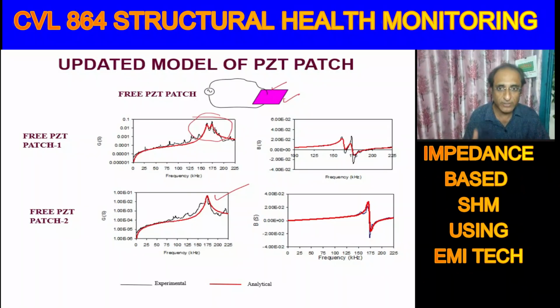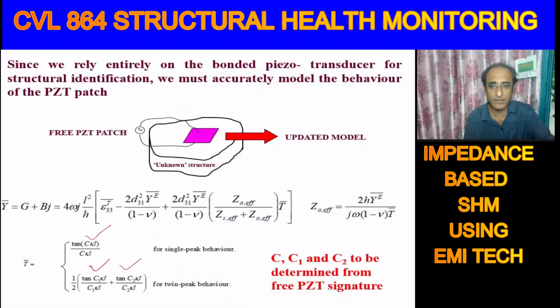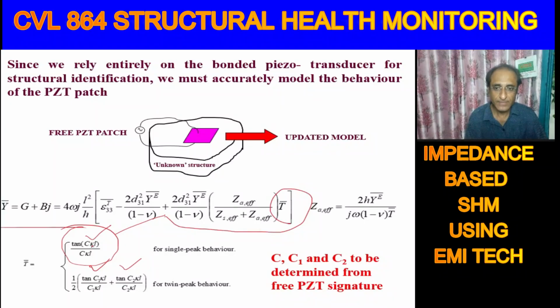So to model twin peaks, we have to introduce the parameters C1 and C2 in this term. If you replace the term KL by this term involving C for the single peak case and C1 and C2 for the twin peak case, we will get the answer.